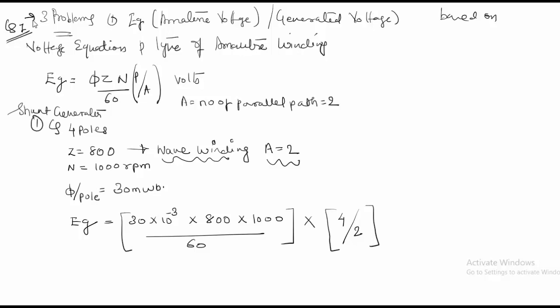A is equal to number of parallel paths is equal to 2. So which is given by 30 into 10 raised to minus 3 into 800 into 1000 divided by 60 into 2. So 30 into 800 into 1000 divided by 60 divided by 1000 into 2.